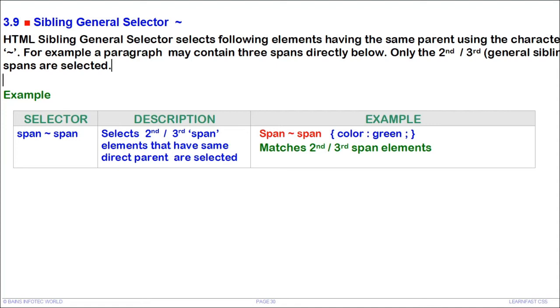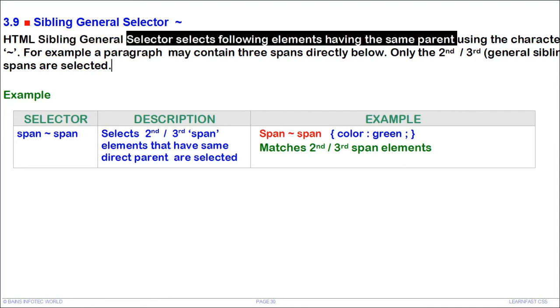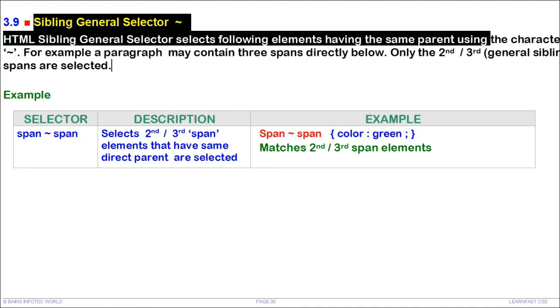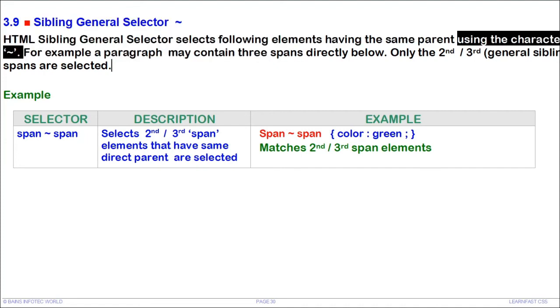This is the rule for HTML sibling general selection. The sibling general selector selects the following elements having the same parent using the character approximate sign.